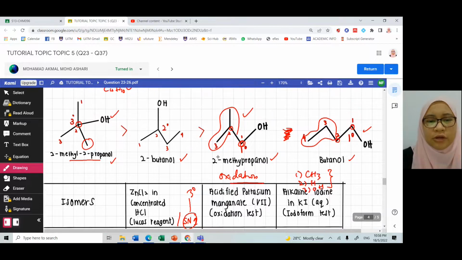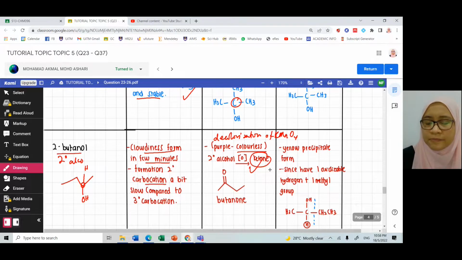How about 2-butanol? We have to check. This carbon has OH and it also has a methyl group. It is also attached to hydrogen. This hydrogen is attached to this carbon, so there are 4 bonds there. So 2-butanol will give a positive result to the iodoform test.